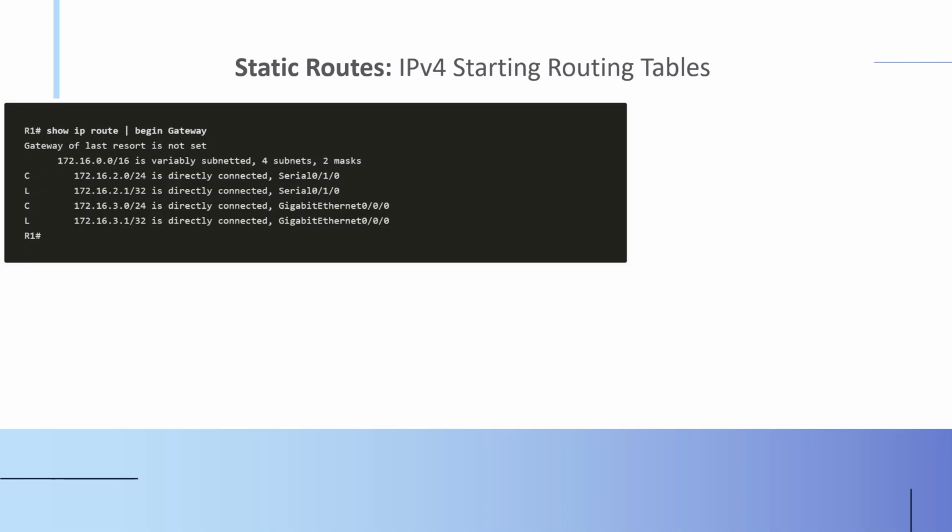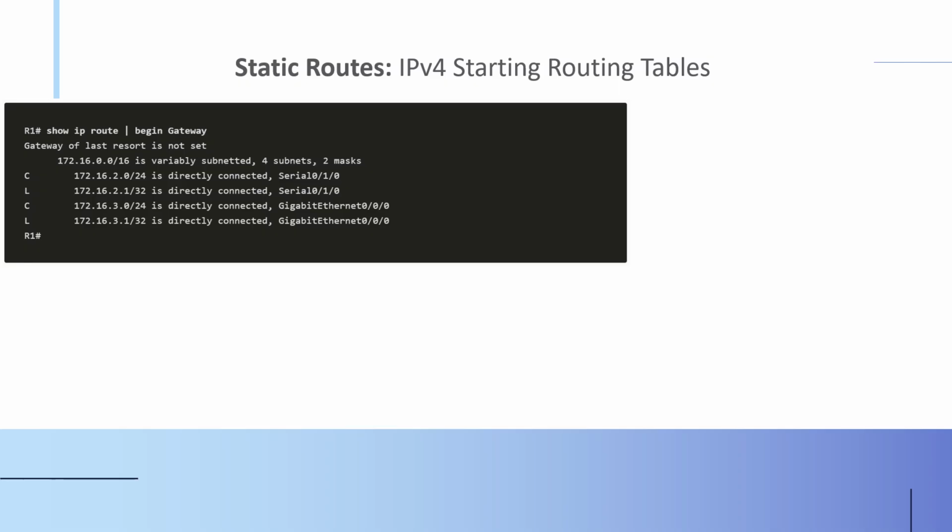By using show ip route, or this command with begin gateway, we are able to see the directly connected networks at router 1. As we can see, the network 172.16.2.0 is directly connected through serial 0/1/0, and we have the network 172.16.3.0/24 connected with GigabitEthernet 0/0/0.